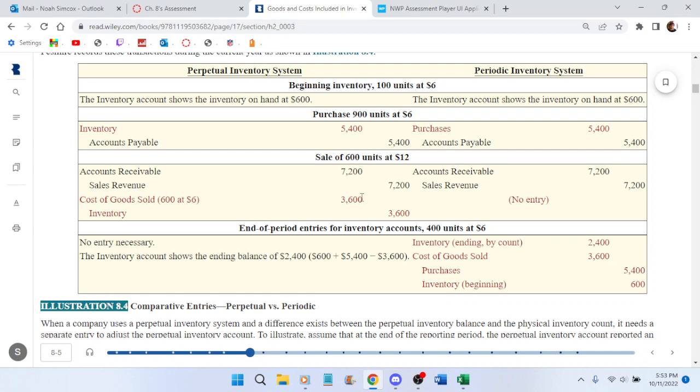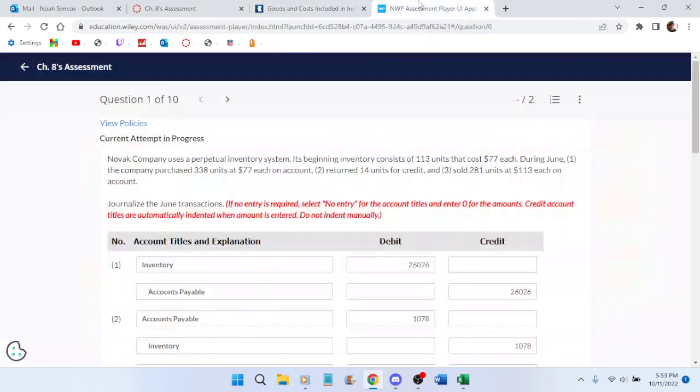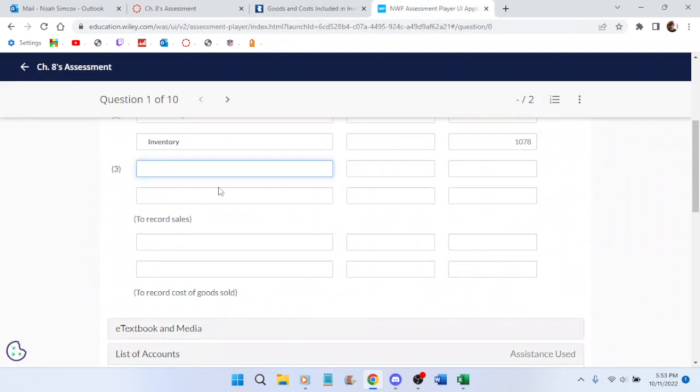Weirdly enough. That is kind of a weird thing. But anyways, inventory decreases. So this is to record sales: accounts receivable, sales revenue. Cost of goods sold is increased, and it is debit.